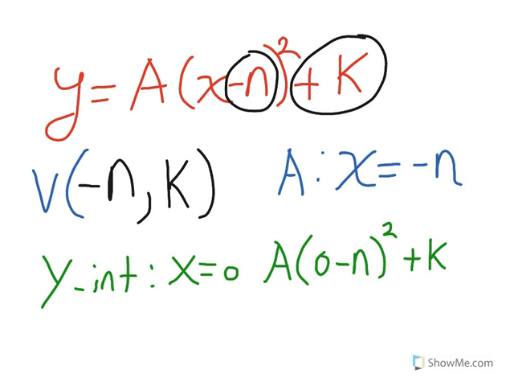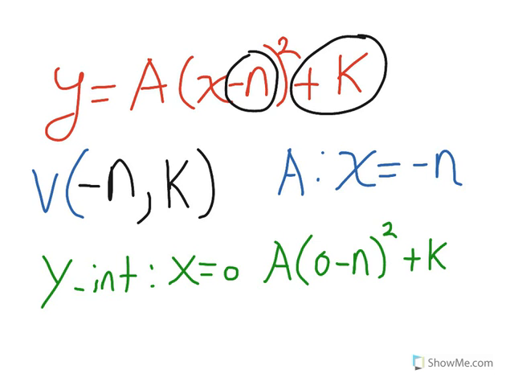If a is between 0 and 1, meaning it's a fraction, but not an improper fraction, it is going to make it wider. If it's a whole number, 2, 3, 4, 5, 6, 7.5, whatever it is, it's going to make it skinnier or narrower. It's not going to shift it left or right, so it's just going to make it narrower.